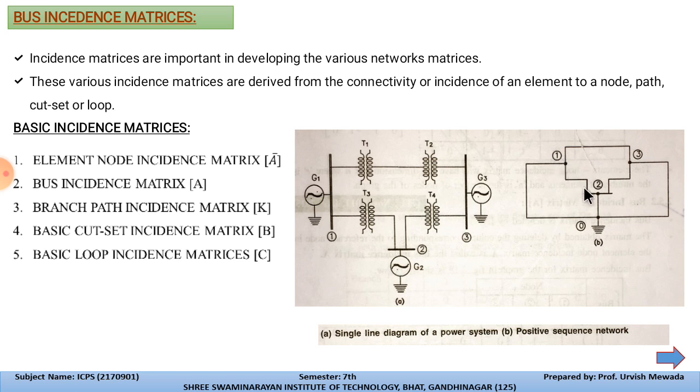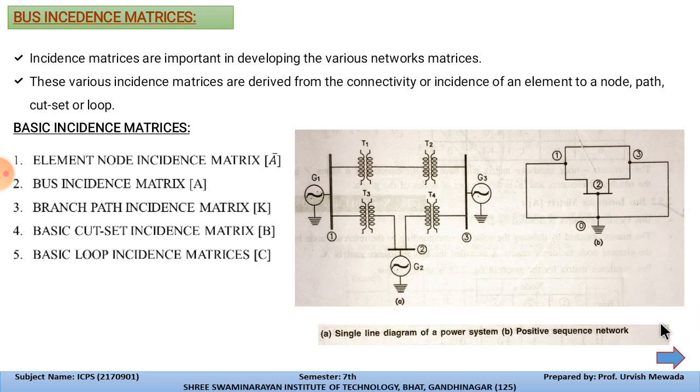So 1, 2 and 3 are the nodes on which we have connected the bus and the transmission line, and this is the reference node, connected with the ground potential, and all the generating stations are connected with a straight line, meaning a single line, by the short circuit.